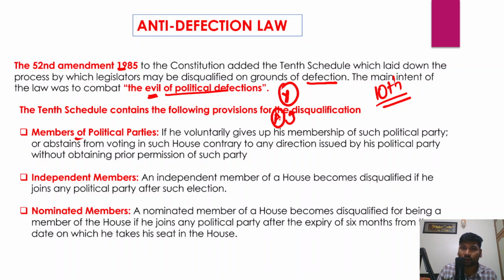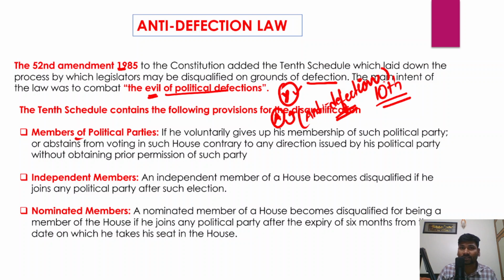So he won elections with the symbol of political party Y, but after his election, if member A voluntarily gives up his membership of political party Y, then in that case member A could be disqualified under the anti-defection law, right? So he will be disqualified under the anti-defection law. That means person A will no longer be a member of either the state legislature or the Parliament, right? So this is how the anti-defection law actually works.